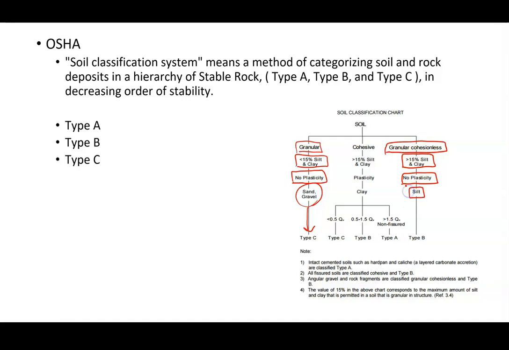No plasticity means that it's mostly silt. Then it's considered type B.